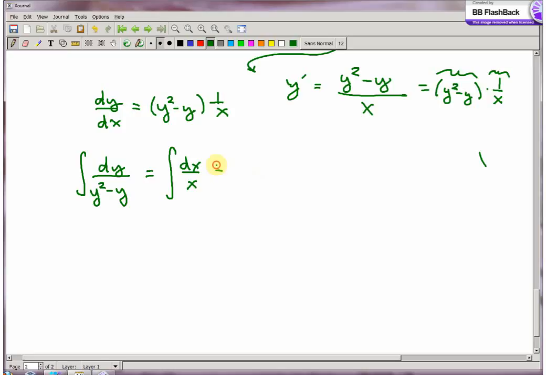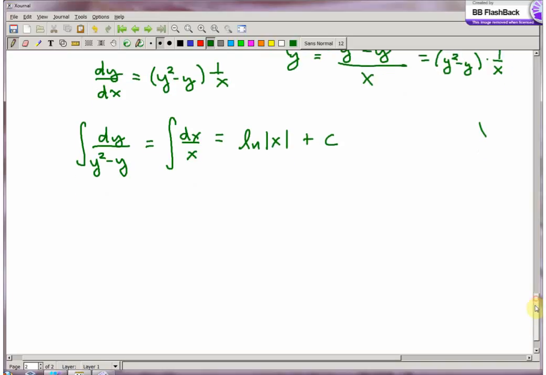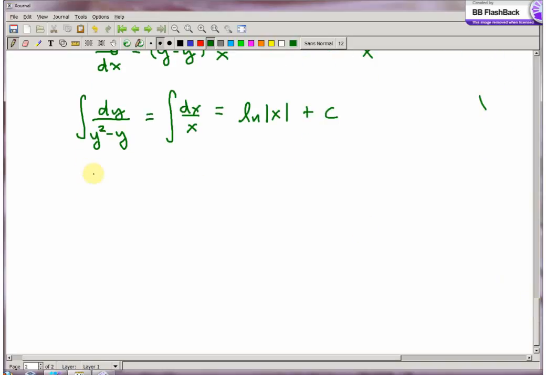This one is easy, right? This is just natural log of the absolute value of x plus c for some constant c. And this one is a bit of a challenge. For the y integral here, we need to do really easy partial fractions. It's the same thing as dy over y times y minus 1.